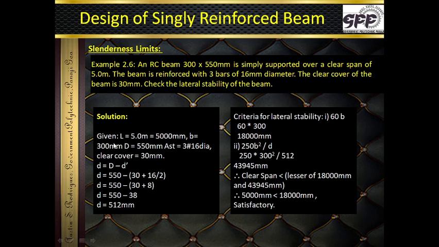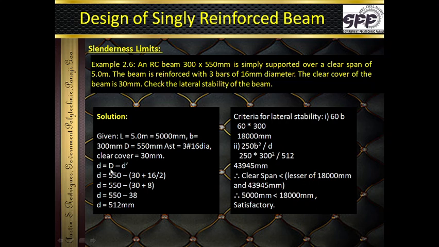Given, so whatever data is given, let us check that part. The lateral restraints span is given to be 5 meters, I have written it in mm. The width is 300 mm, the overall depth is 500 mm, the steel is 3 bars of 16 mm diameter, clear cover is 30 mm. Now first we will have to find the effective depth.